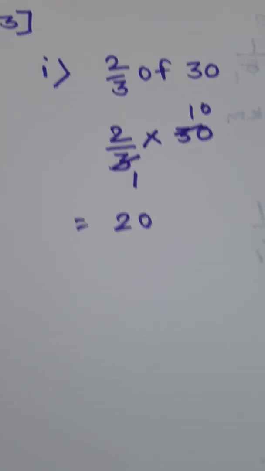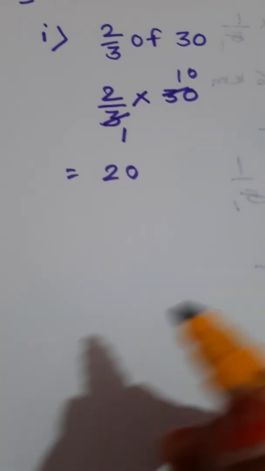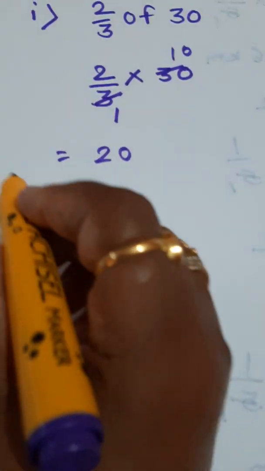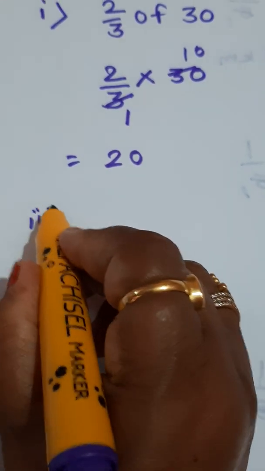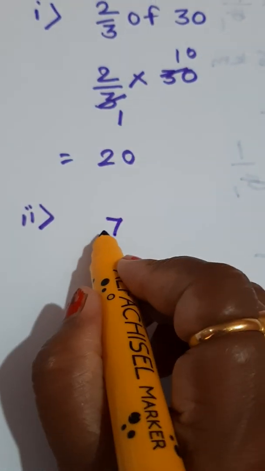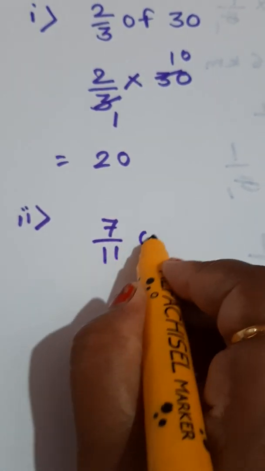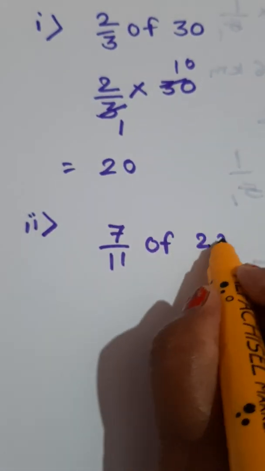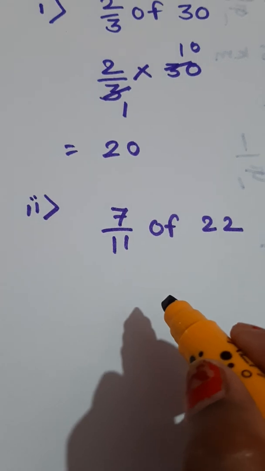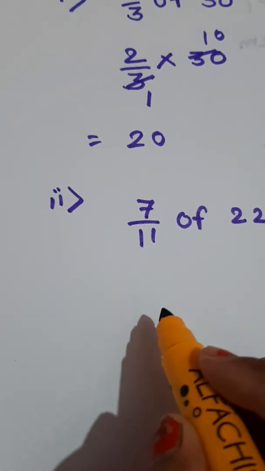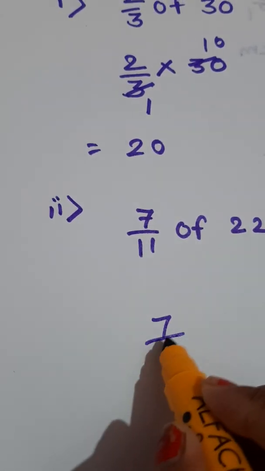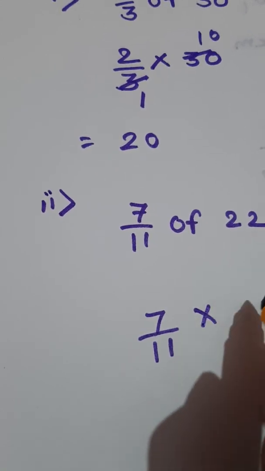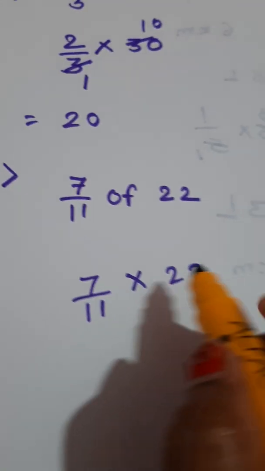Means the same way we are solving these problems. Second problem from the third question. 7/11 of 22. Once again the same. 7/11 into 22.